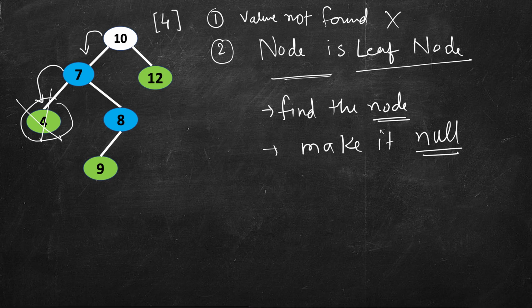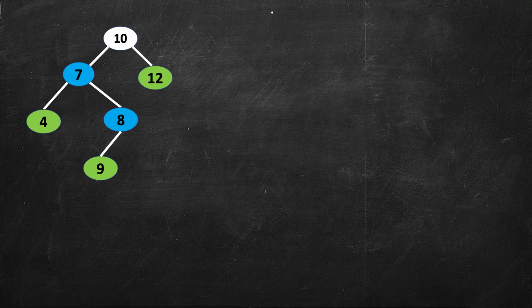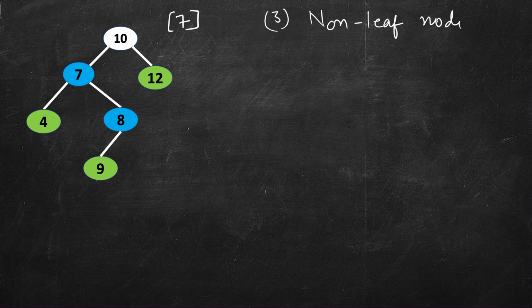For example, let's see here, this is the third case where we want to delete a non-leaf node. And let's say we want to delete 7 here. So we compare with 10, it's less than 10. So we can go here, and call the same delete function that we want to implement.